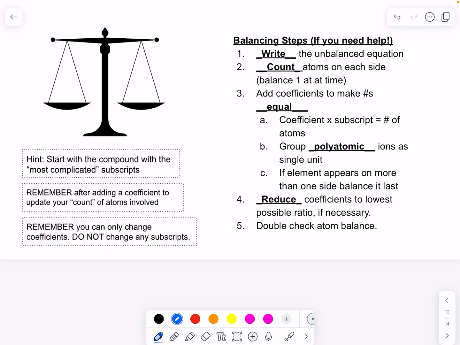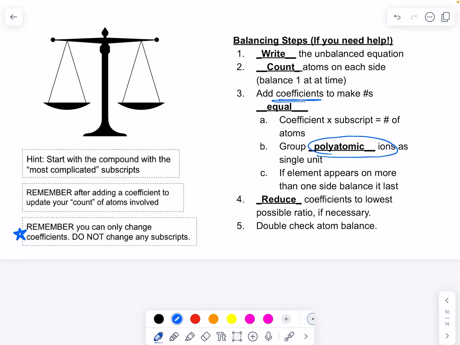Okay? But the things to consider is, number 1, we are only adding coefficients, never change subscripts, okay? Subscripts make it what it is, and you're changing the substance if you add a subscript, okay? Polyatomics, and I'll show you this when we see them, group them. It makes it a lot easier, okay?